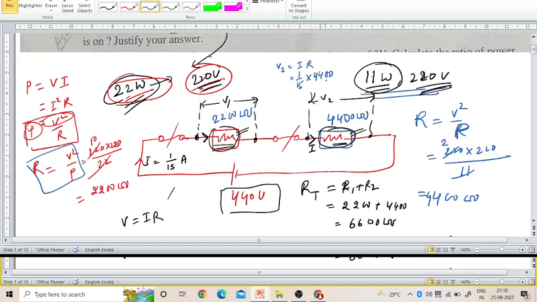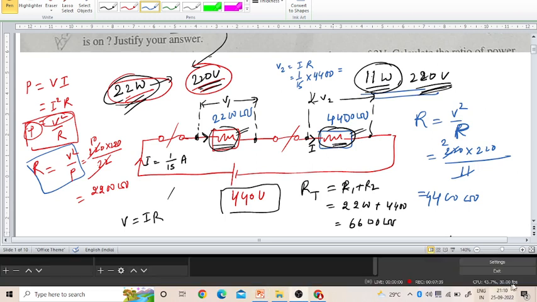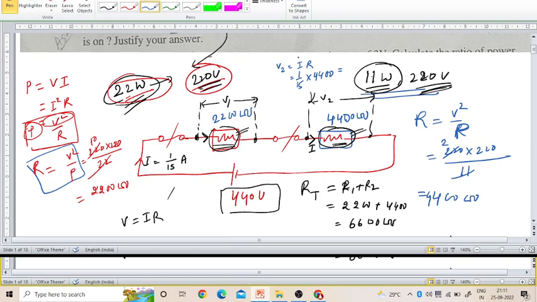On calculating, it comes to 293.33 volt. So certainly this one is going to fuse, because its rating is only 220 volt and it is getting 293 volt. It means this fuse will burn. There are two fuses, one here and one here, and this one will burn.